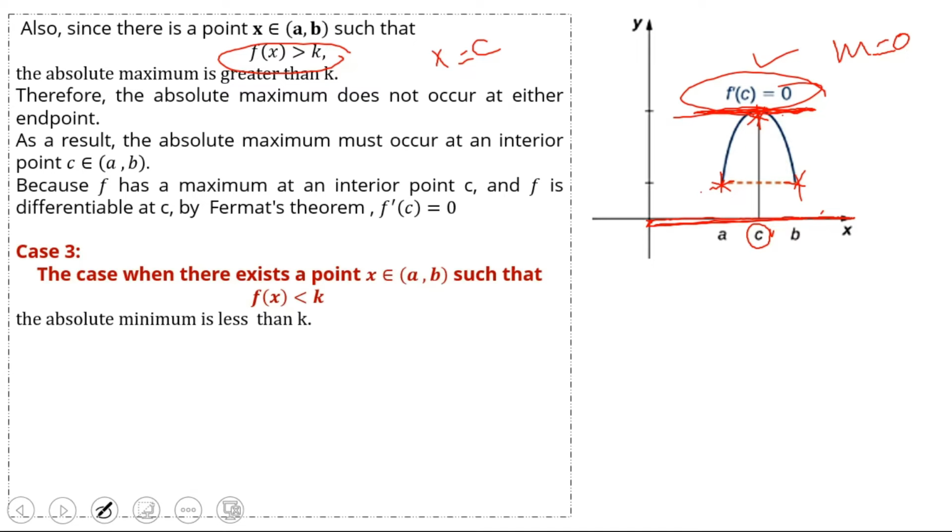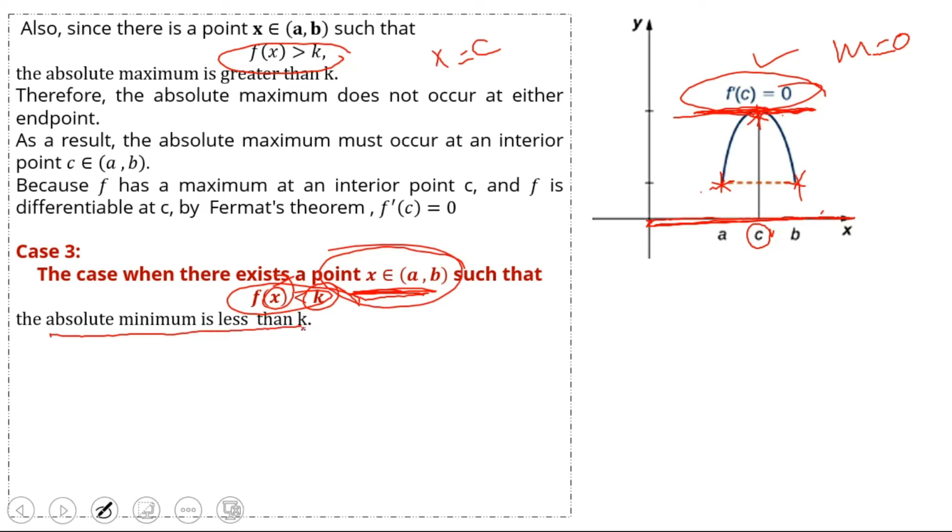Now we discuss case 3, when the value of the function at x is less than k, meaning less than the value of the function at the end point of the interval. Then this x will be our interior point, because here we have x belongs to an open interval.